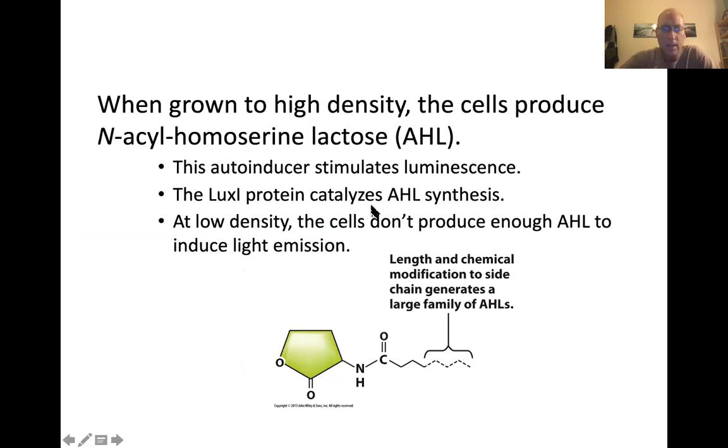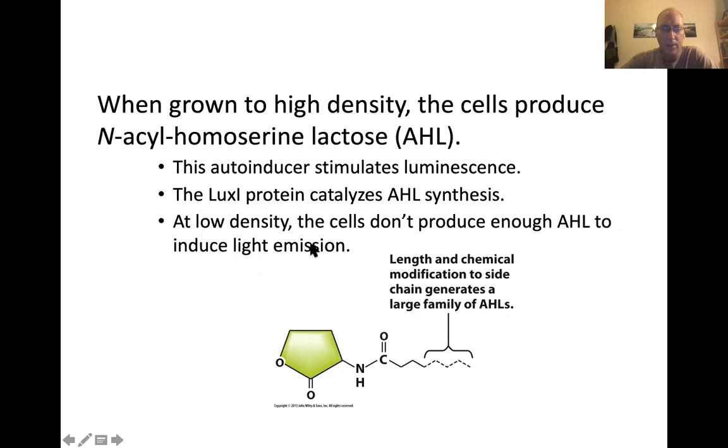Okay, so the autoinducer is sensed as a signal to stimulate luminescence, and it does this by binding to a transcriptional activator called LuxR. The protein or the enzyme LuxI is actually what catalyzes the final step in the synthesis of the acyl homoserine lactone.